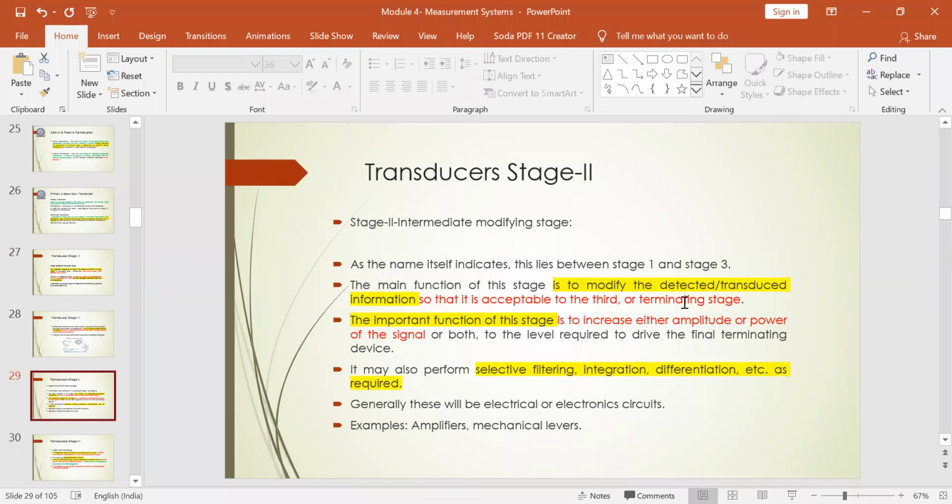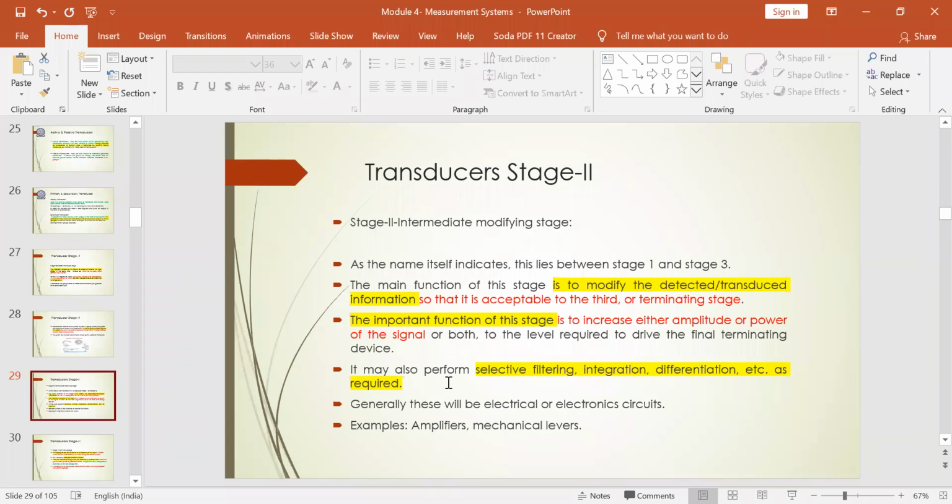What happens here? The main thing is it increases the amplitude or the power of the signal so that it will be helpful to be sensed by the final stage as per the requirement, and it also helps in filtering, integration and differentiation if anything is needed in order to modify, fine tune and get an optimized output signal.